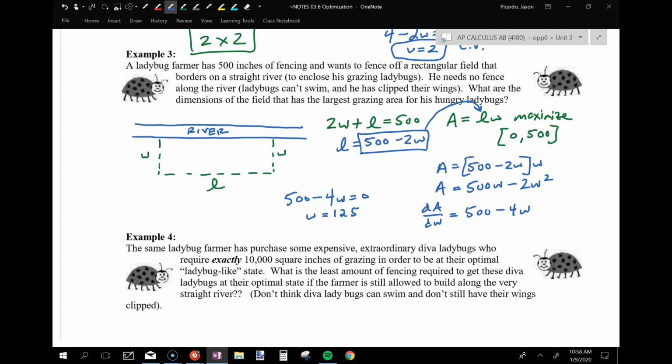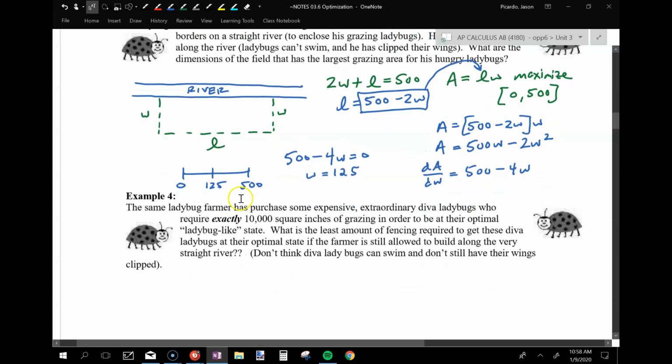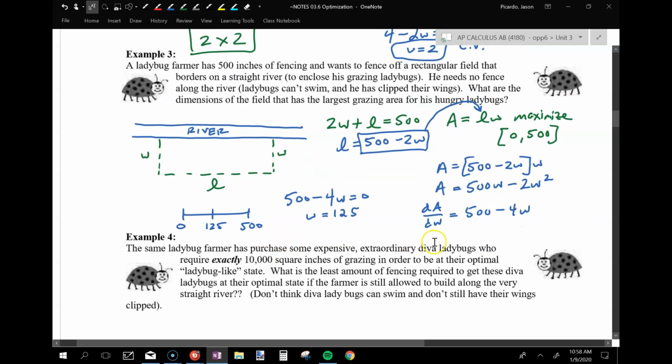We're going to save ourselves a minute of time here. No, I'm not. 0, 125, 500. If I plug in 1, what am I plugging into again, guys? The derivative. If I plug in 1, what do I get? Positive or negative value? Definitely a positive number.